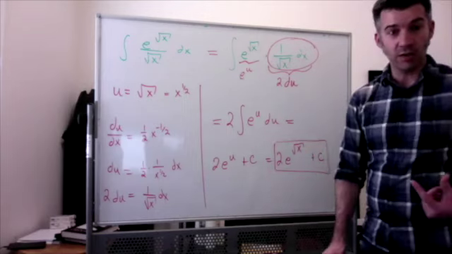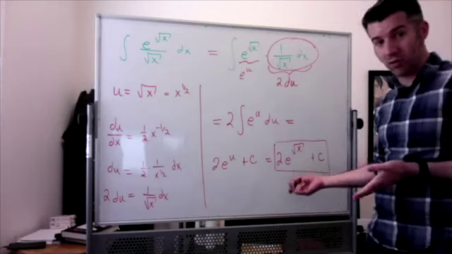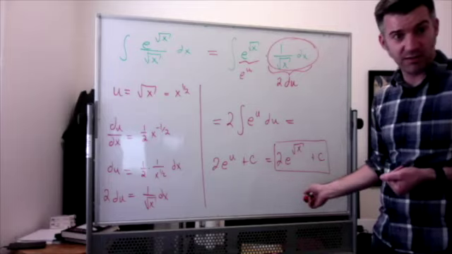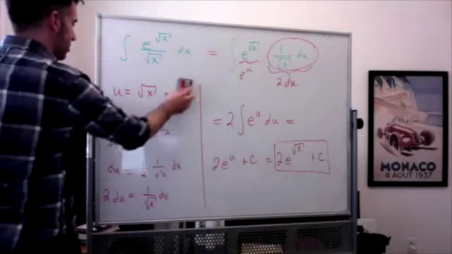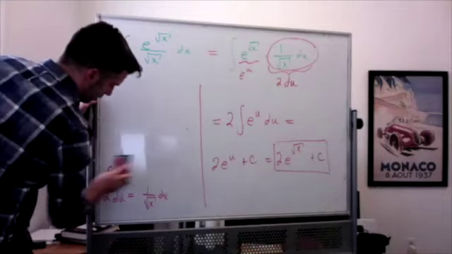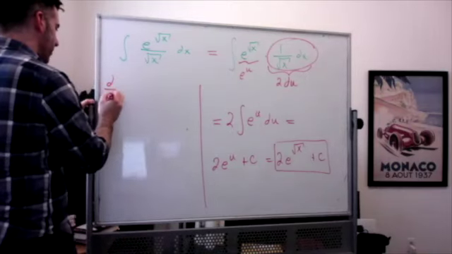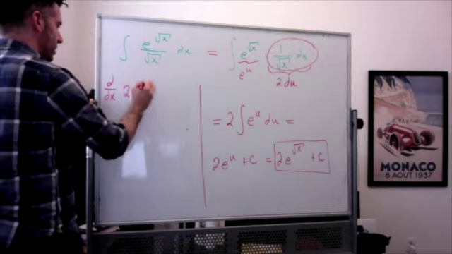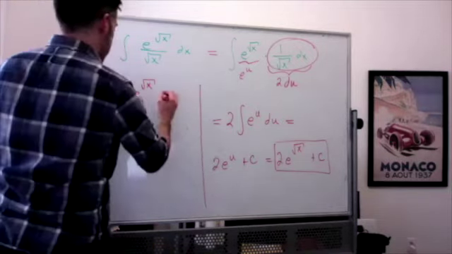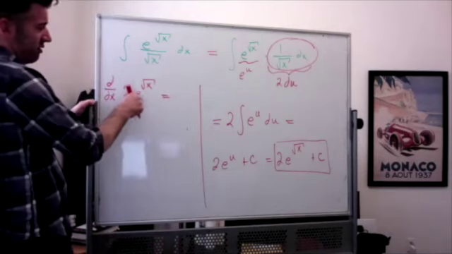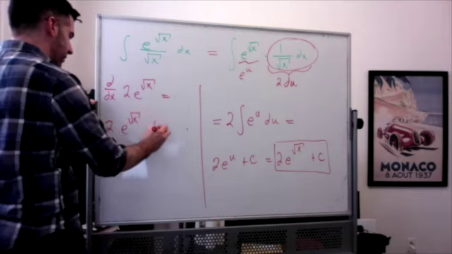If we wanted to, we don't have to, but we could check that this is correct by taking the derivative. If you took the derivative using the chain rule, there's like 5 things at once in it. The derivative of 2 times e to the square root of x, I'm going to leave off the plus c because we know the derivative of c is 0, is going to be 2 times the derivative of e to the stuff, which is e to the stuff times the derivative of that stuff.